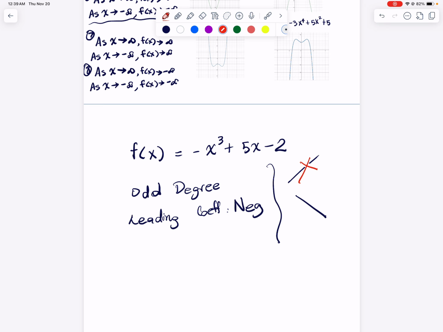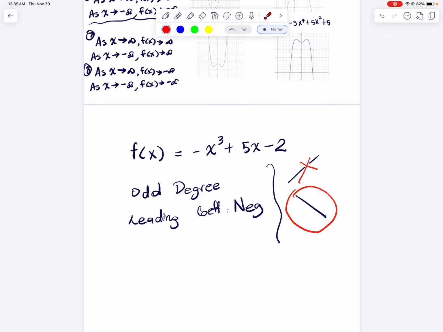So we know that overall, this is what our graph is doing. Now it is a cubic, which means it's not a straight line. So however the shape is with the turning points, it's not going to look like that. But the overall journey of our graph from left to right is it's going to start at the top left and it's going to go down to the bottom right.